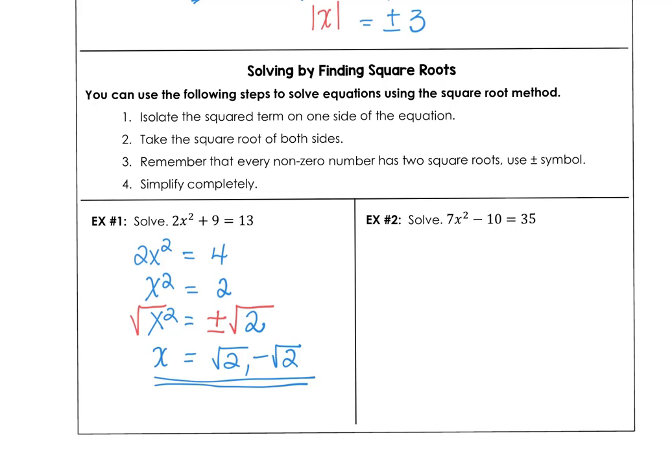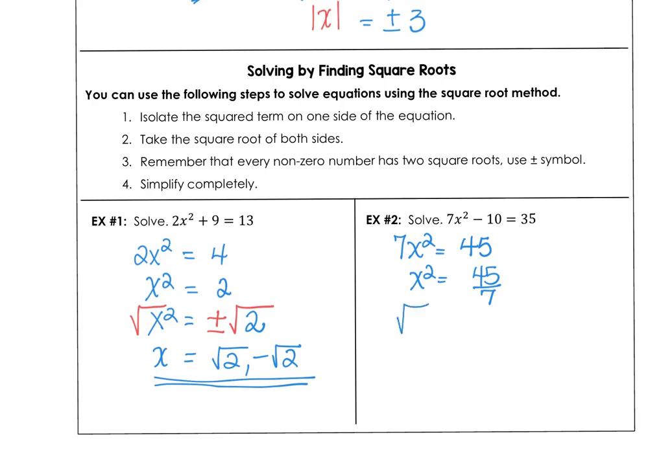On example 2, same thing. I isolate 7x squared by adding 10 to both sides, so I have 7x squared equals 45, and then divide by 7, 45 divided by 7. Next, we want to take the square root of both sides.